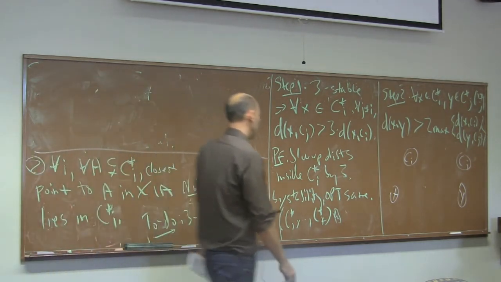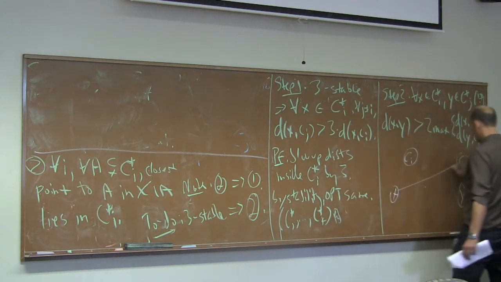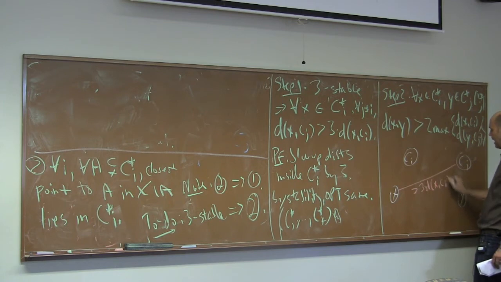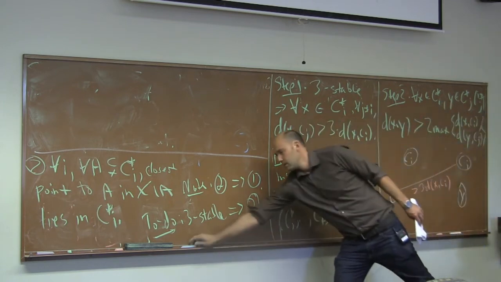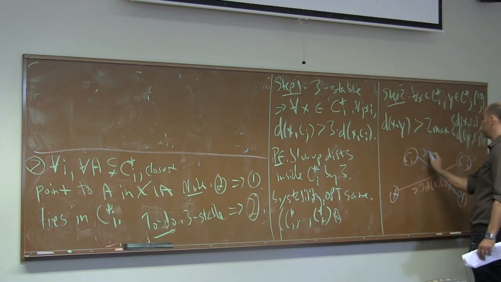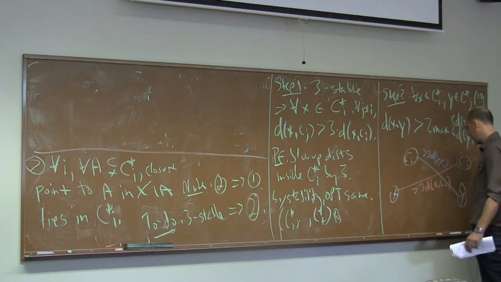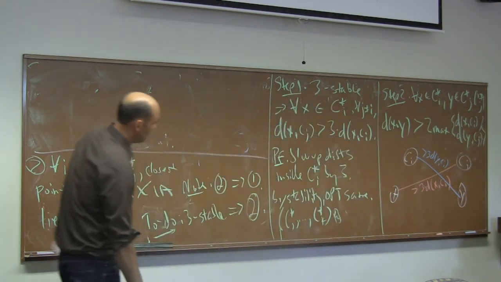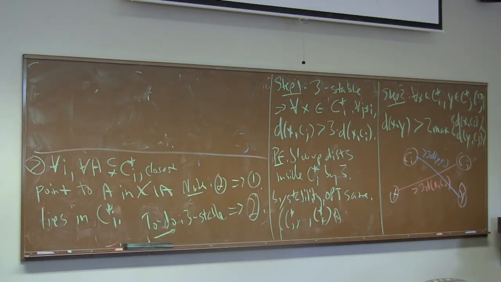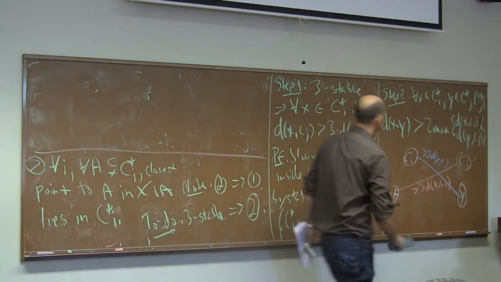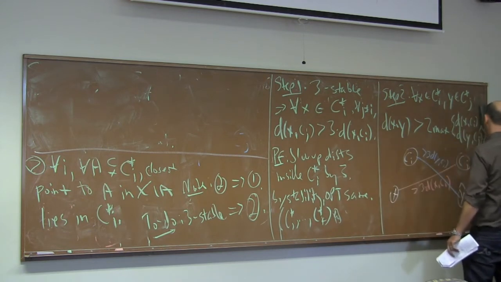So the distance between x and Cj is at least 3 times the distance between x and Ci. Also by step 1, the distance between y and Ci is at least 3 times the distance between y and Cj. That's for all i not equal to j.